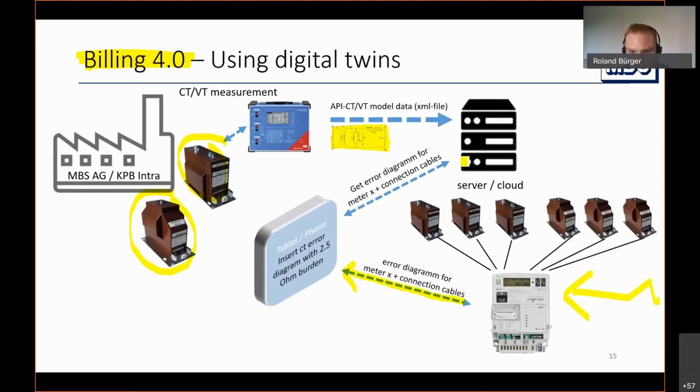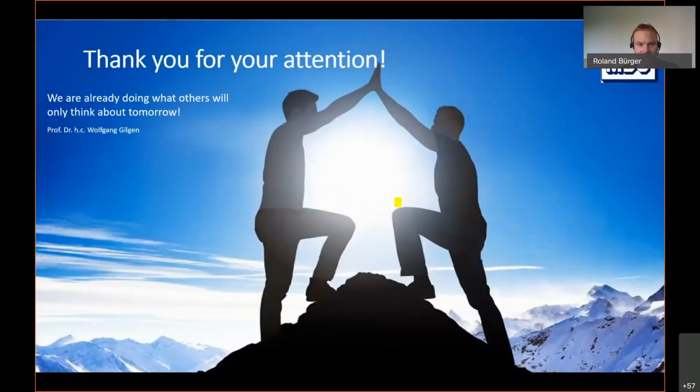And then you can come back with a table with correction factors for CTs and VTs, and then put it into the energy meter. You need, of course, a proper firmware, and then you can compensate all errors of these devices, and you have a proper measurement class 0. Yeah, thanks for your attention.